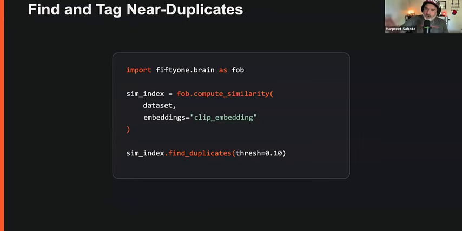And so calling this method, we end up with a list of sample IDs identified as duplicates, a list of sample IDs identified as unique or representative, and a map of representative IDs to their nearby duplicates and the distances. So we'll end up with a map, essentially, of how similar each sample is to other samples in the dataset.